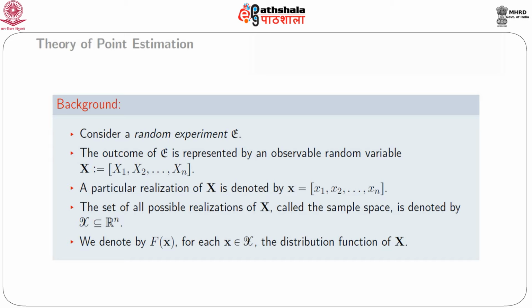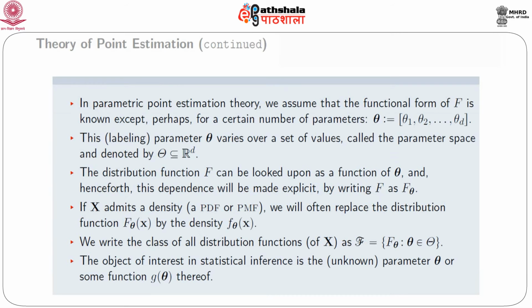We denote by capital F(x), for which x belongs to script X, the distribution function of the vector X. In parametric point estimation, we assume that the functional form of F is known except perhaps for a certain number of parameters, say the theta vector, which is a d-dimensional vector with elements theta 1, theta 2 up to theta d.